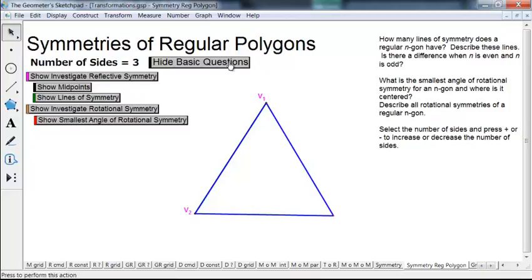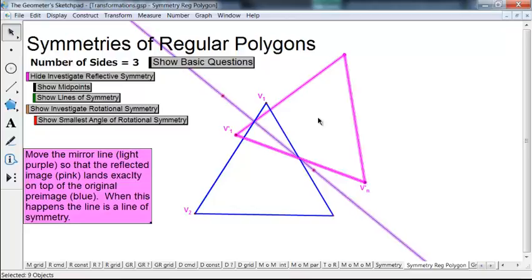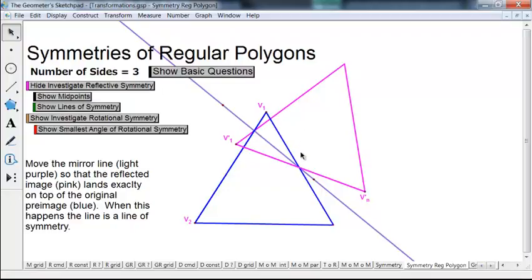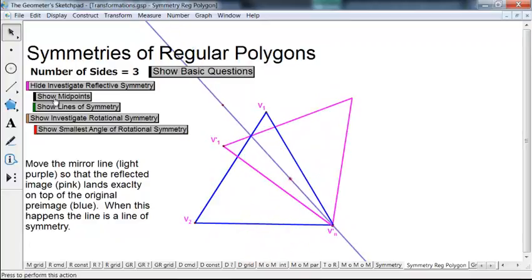Okay, so the question is, what about reflective symmetry? So here's a line. Does it have symmetry with respect to that line? Well, no, because collectively the points did not end up where they started. Can I move the line somewhere? What about if I, let's just show the midpoints.